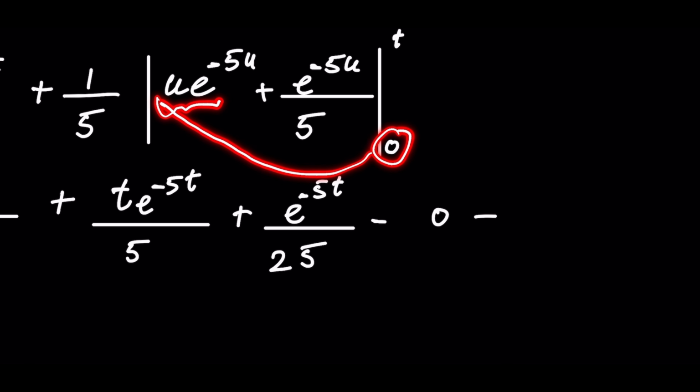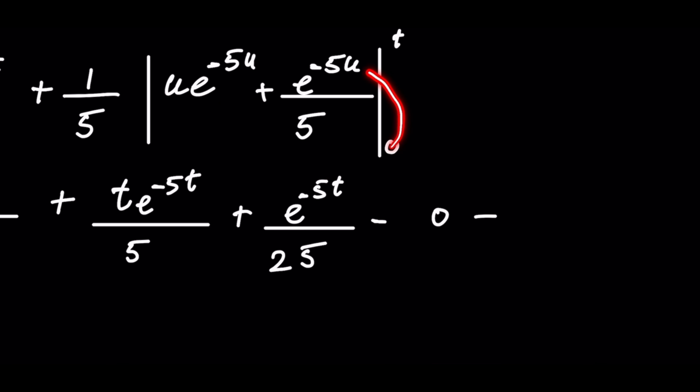So this becomes 0. Whilst when this 0 is going to be substituted here, it becomes 1 by 5. So it's going to be minus 1 divided by 5 here.